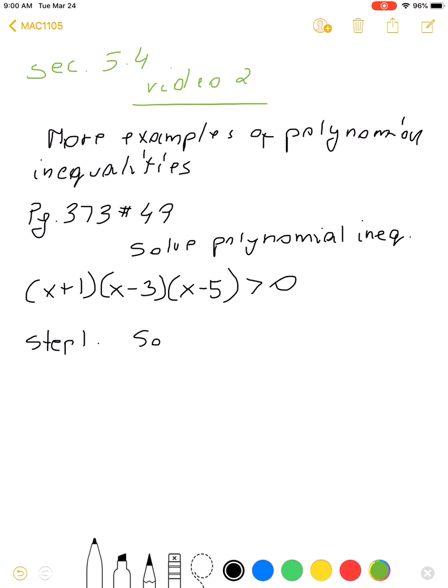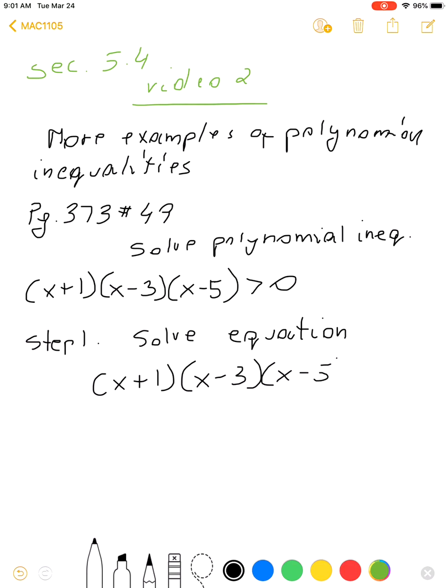solve the equation. Since everything is already on the left side, just solve the equation. So we want to find those x-intercepts, zeros of the equation, x plus 1 times x minus 3 times x minus 5 equal 0. Since you already have all the factors, this one should be very fast to solve.